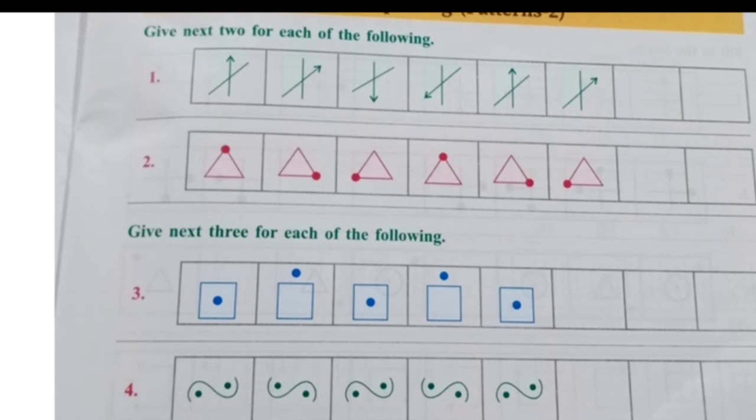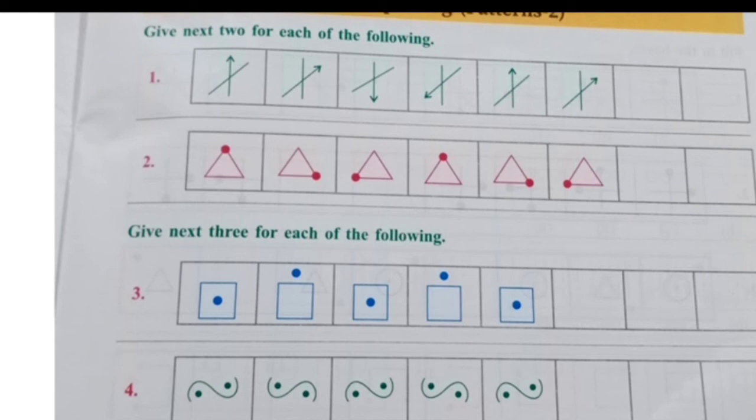Here they have drawn some rangoli design. In the first picture, it is exactly opposite of second picture. So first and second picture exactly opposite. Like that, third and fourth.